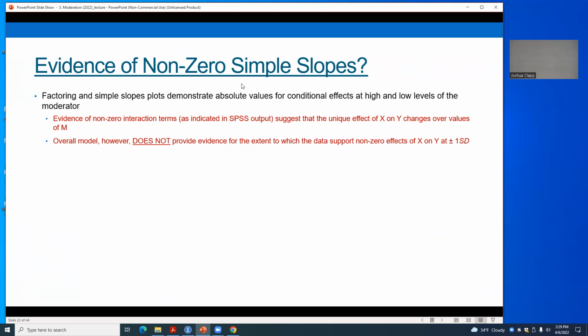What we don't get, though, up to this point, is the extent to which our data supported non-zero effects of X on Y at high and low levels of our moderator.